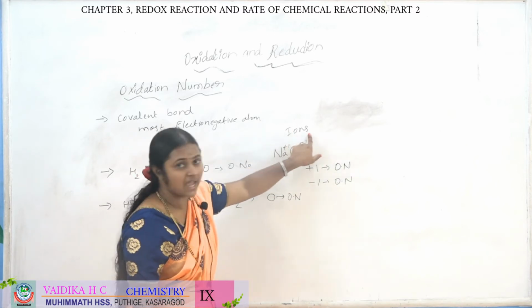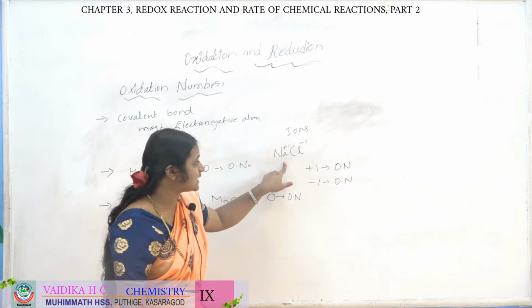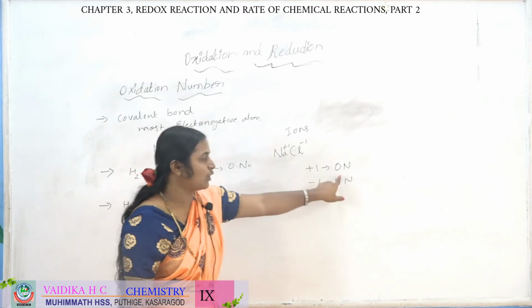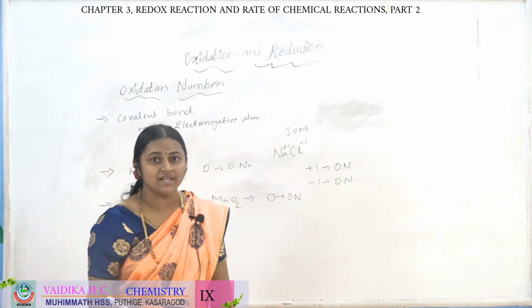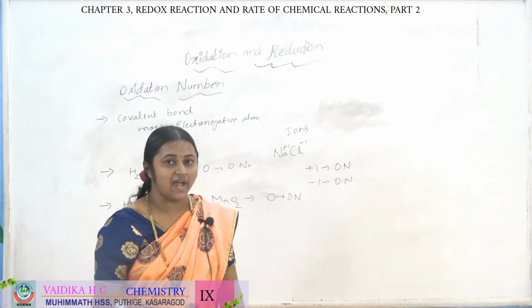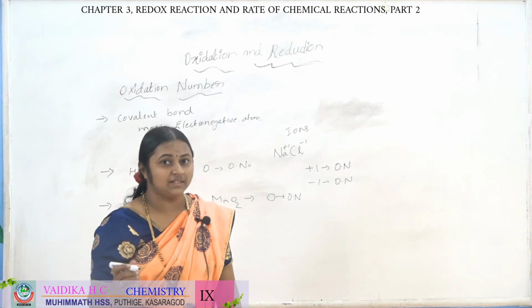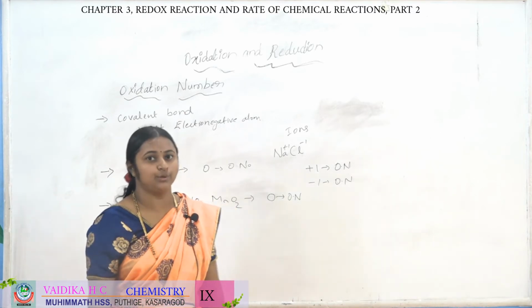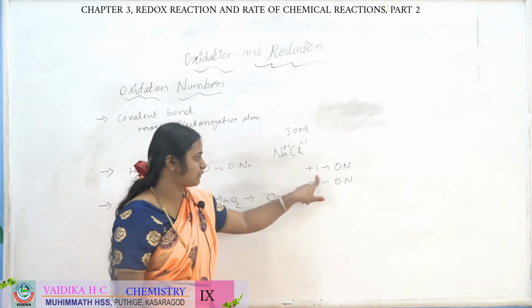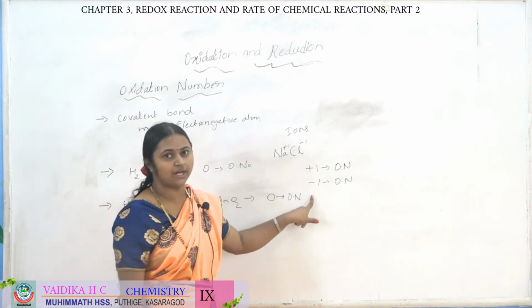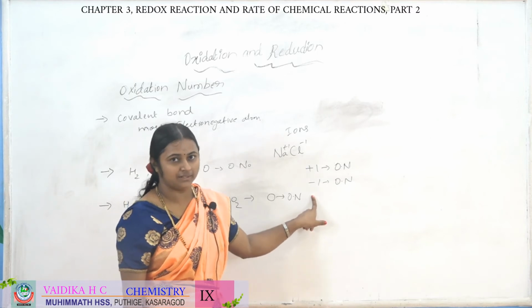These ions will have a charge, right? So this charge is called the oxidation number, the formal charge present in an atom if it is in an ionic compound. So the oxidation number of sodium here is +1, and the oxidation number of chlorine will be -1.